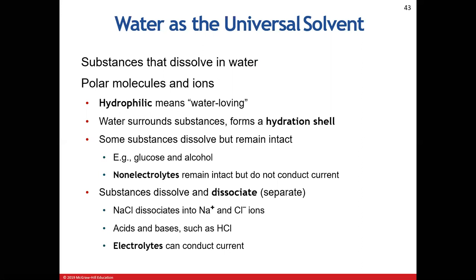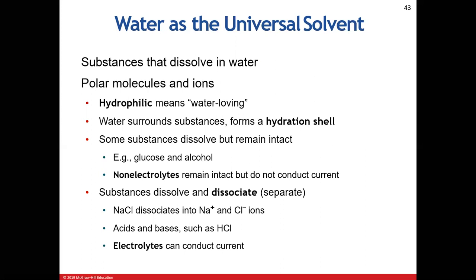Now, we then have some substances that dissolve and dissociate, or what we consider separation. Sodium chloride is one of those examples. It's a salt structure. If you think about what happens when you put salt into water and swirl it around, salt is going to dissociate into sodium and chloride ions.